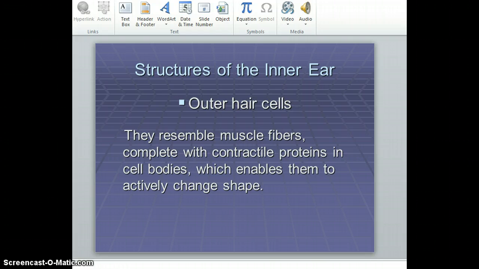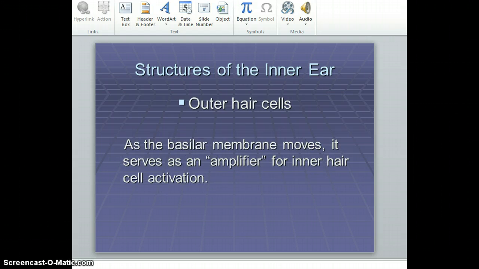Outer hair cells. They resemble muscle fibers complete with contractile proteins in cell bodies, which enables them to actively change shape. As the basilar membrane moves, it serves as an amplifier for inner hair cell activity.